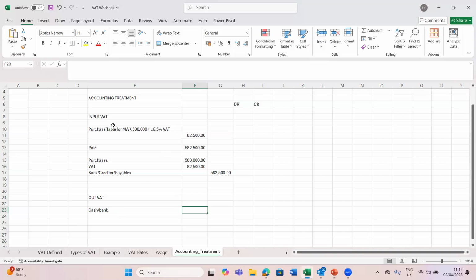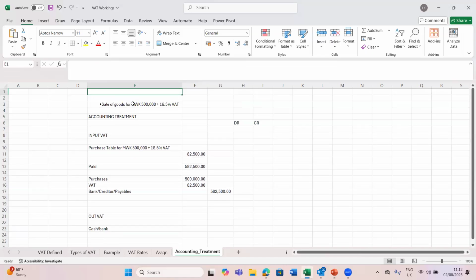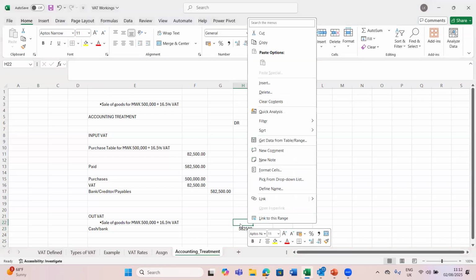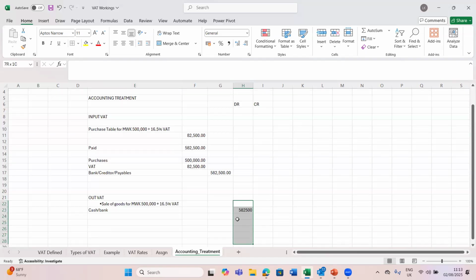Let's suppose we are selling this one now, instead of purchasing. We are selling at 500,000 plus VAT. So we will debit the whole amount of 582,500.